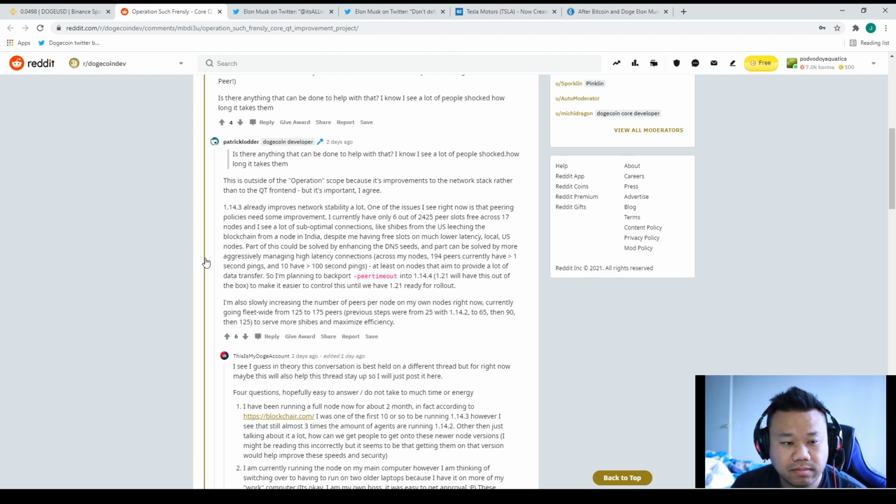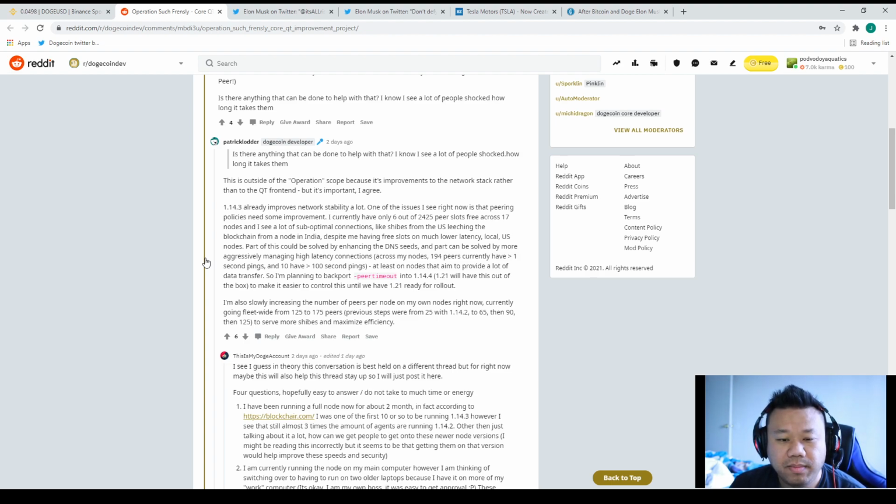Oh, wow. "Despite me having free slots on much lower latency, local US nodes. Part of this could be solved by enhancing the DNS seeds, and part can be solved by more aggressively managing high latency connections across my nodes."